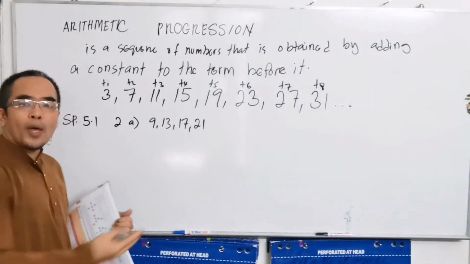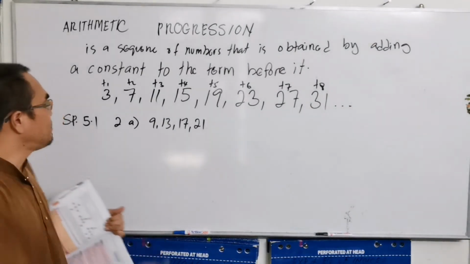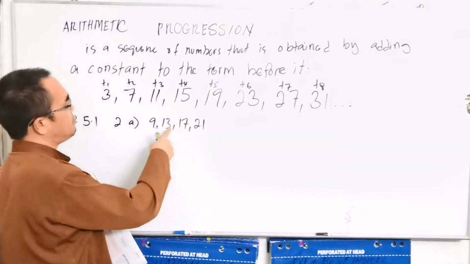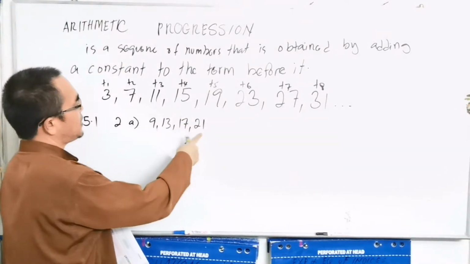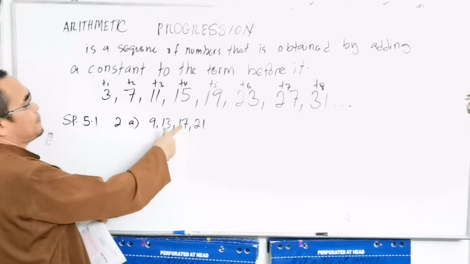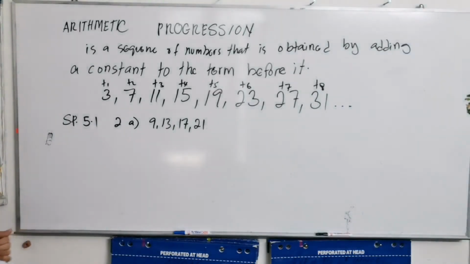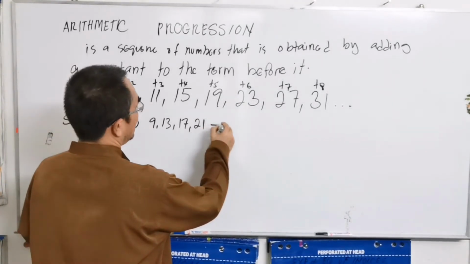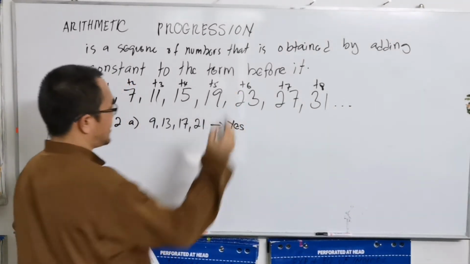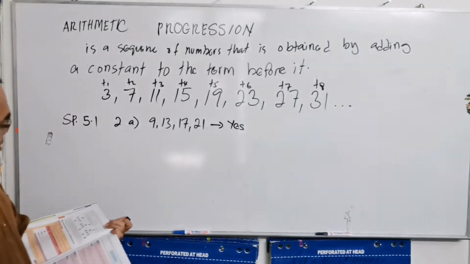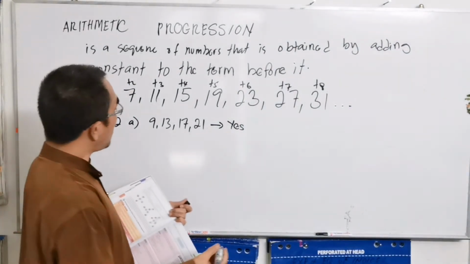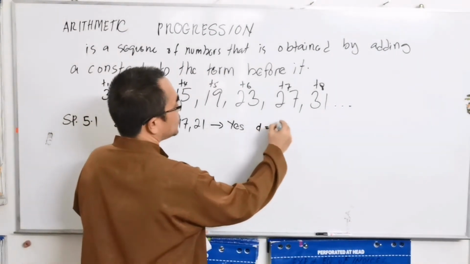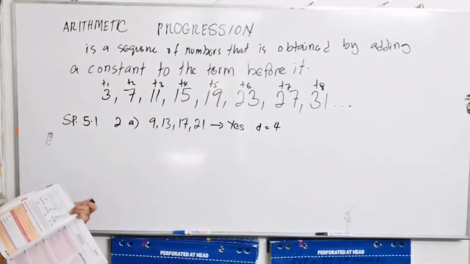You find whether there is a common difference. 13 minus 9, 17 minus 13, 21 minus 17. So all you get is 4. So yes, it is, because the common difference equals 4.